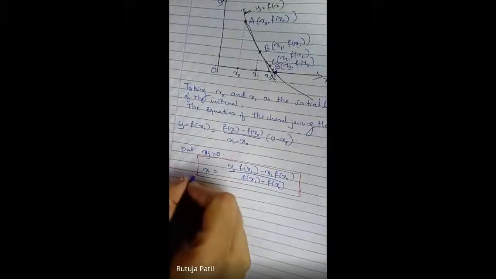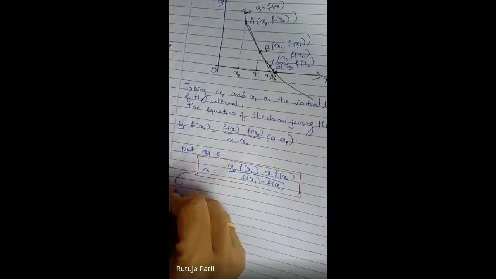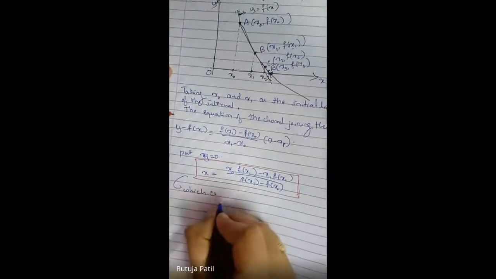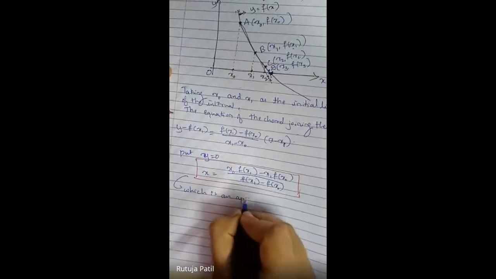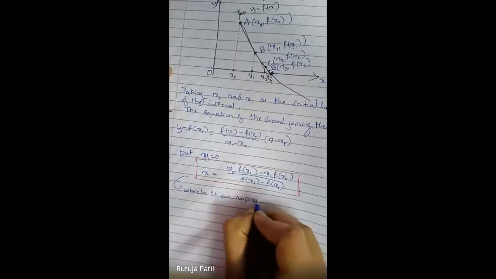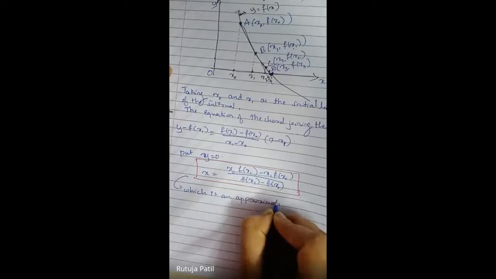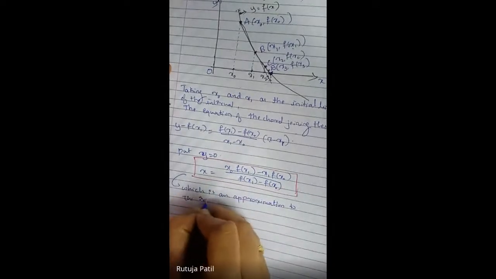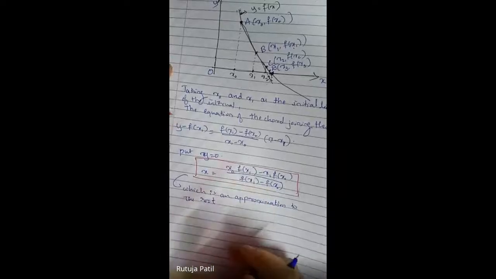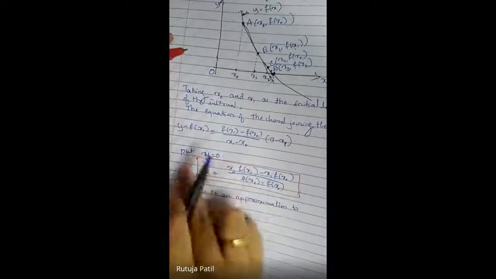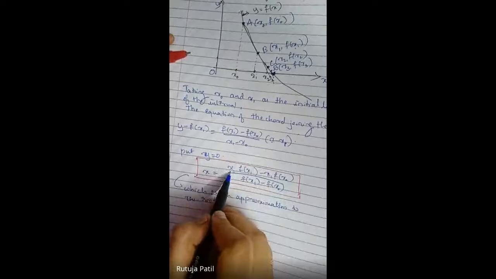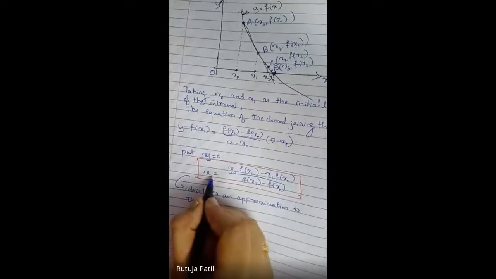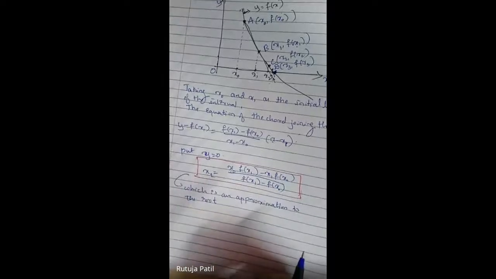Here, this is an approximation to the root. Now if I put it in the general form, I know x naught is my first approximation. If I want to find the next approximation, that will be my x1, right?